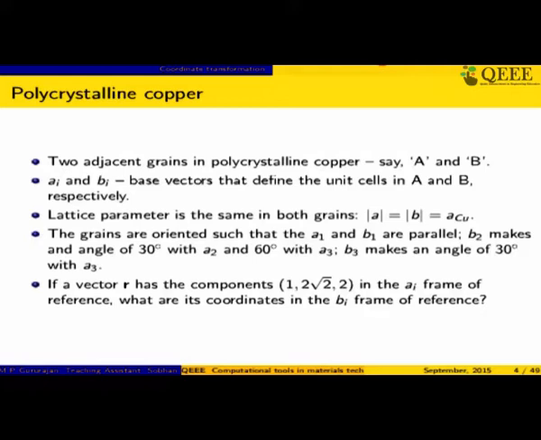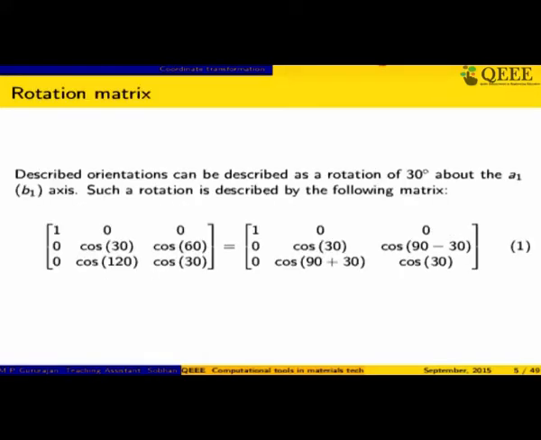So all sorts of possibilities are there, but we are now considering a case where I have a vector whose components are given in one frame of reference, the A frame of reference, in which it has 1, 2, root 2 and 2 as the components. And now I want to find out what its coordinates will be if I use the B frame of reference to refer to the same vector. That is what we want to understand. To describe what the components of the R vector are going to be in the B frame of reference, we need to define what is known as a rotation matrix.